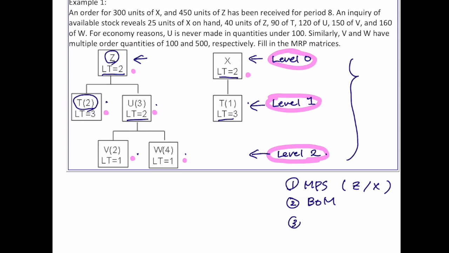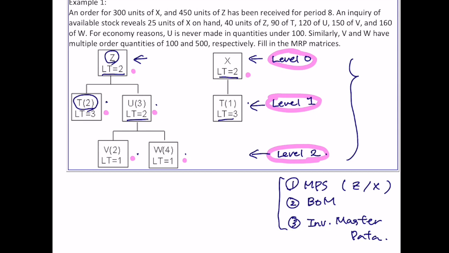And the third one is the inventory master file. This master data file includes on-hand inventory and some other important information that are relevant to your MRP matrices. So given these inputs, we can start the MRP matrices.